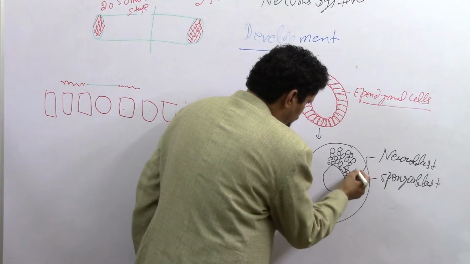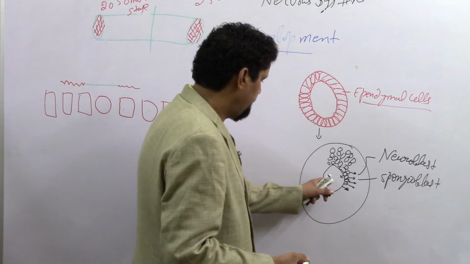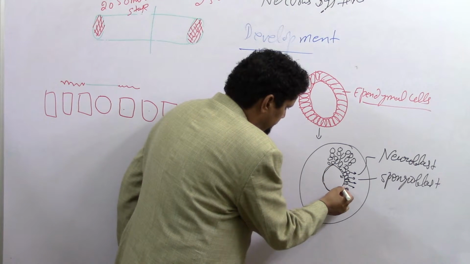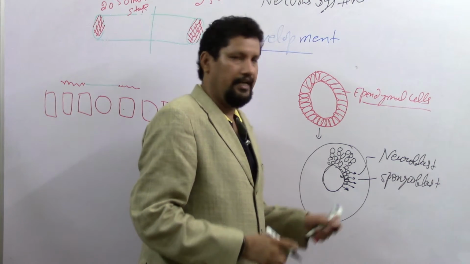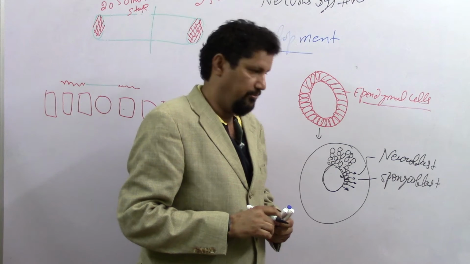And this zone, now this is the ependymal zone towards the cavity. This is the cavity of the neural tube. This cavity will form the ventricular system of the brain and the central canal of the spinal cord in the later part of development.